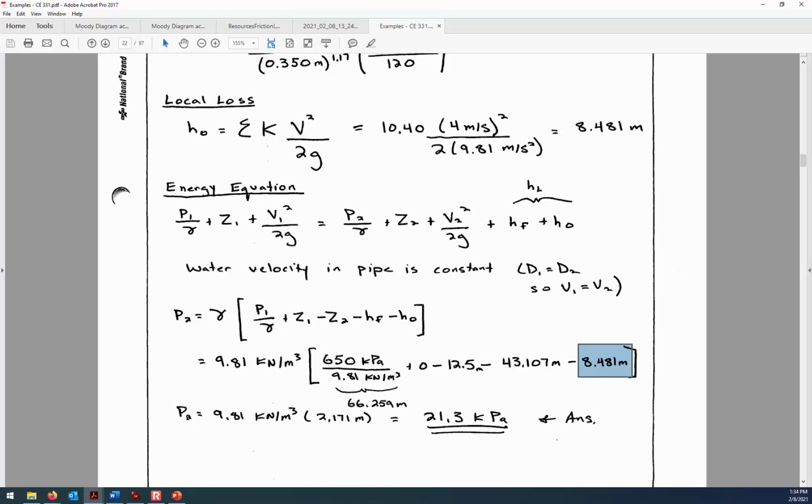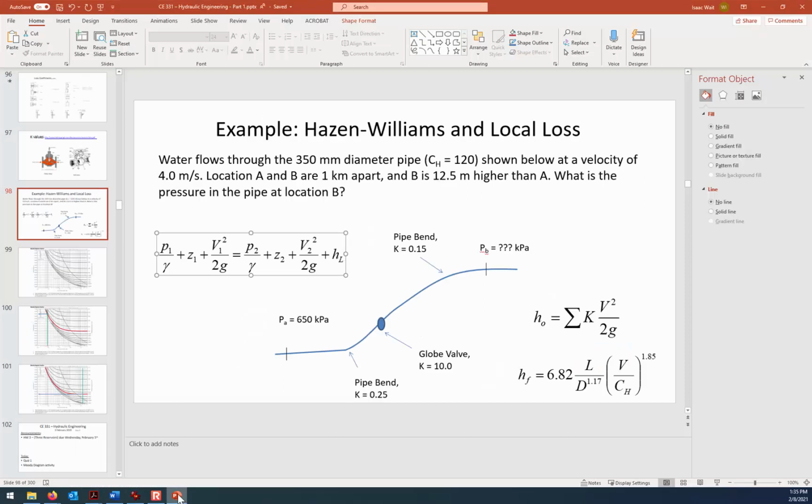But with a pressure this low, there's a risk of backflow into the system where someone opens up the valve of their sink, maybe in a tall building. If you open up your sink when the pressure coming into the house is this low, the water could backflow into the pipe and contaminate the water. So 21.3 kilopascals is the answer to that one, and we've got a little bit of practice with the Hazen Williams and also local losses.